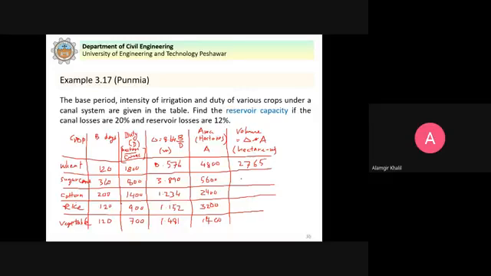Then for sugar cane, 21784. For cotton, 2962. For rice, 3686.